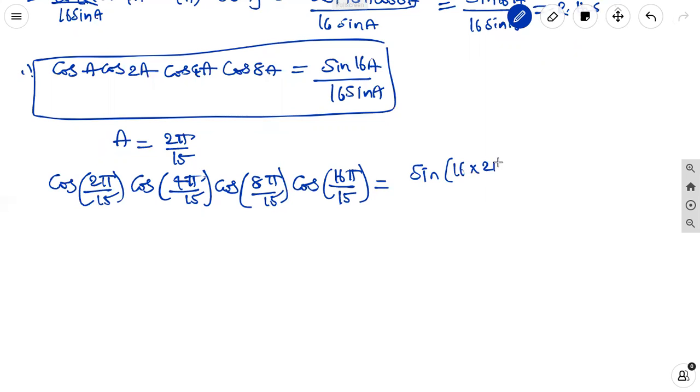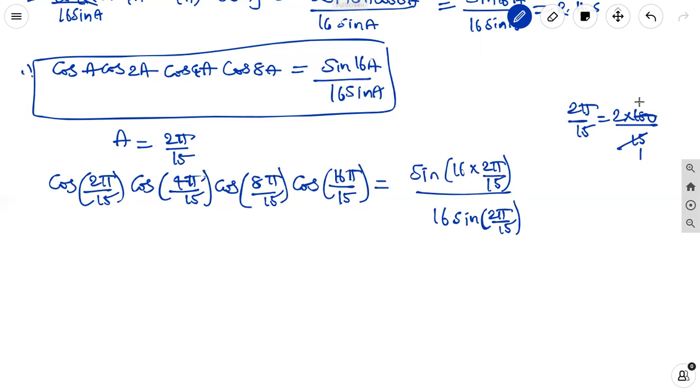16 into 2 pi by 15 by 16 into sine of 2 pi by 15. Here 2 pi by 15 is equal to 2 into 180 by 15, which is 24 degrees. We don't know the sine of 24 degrees.